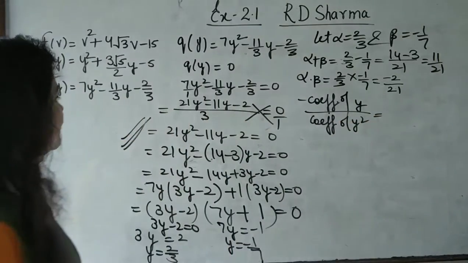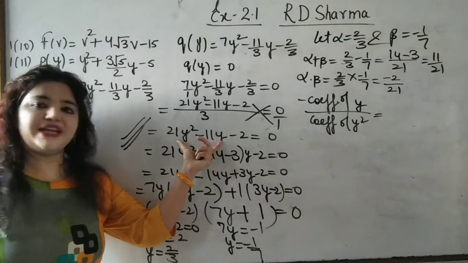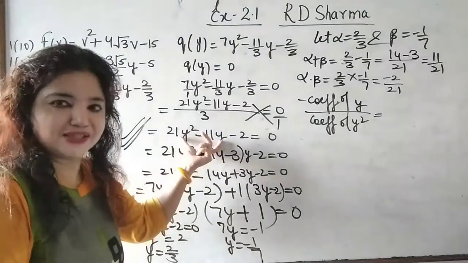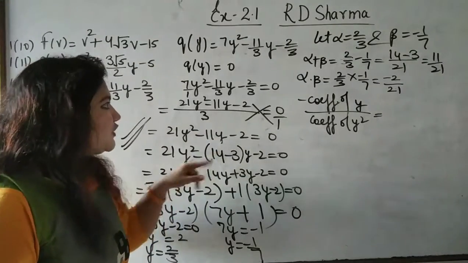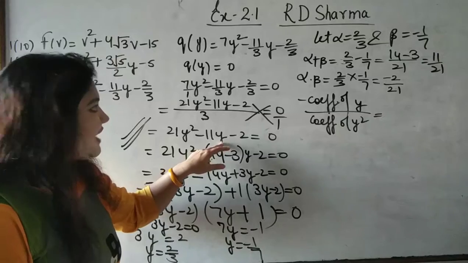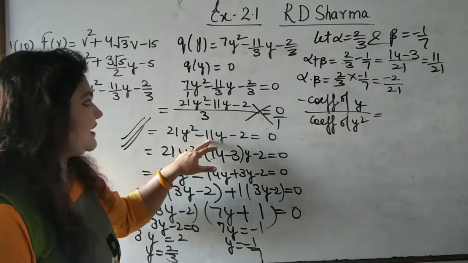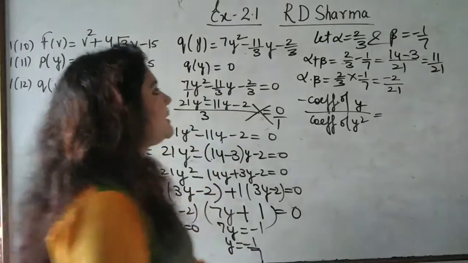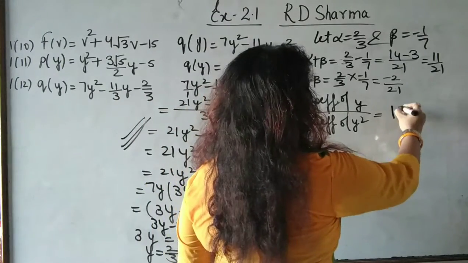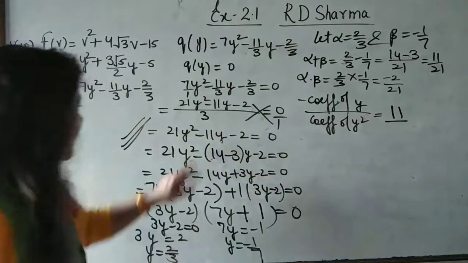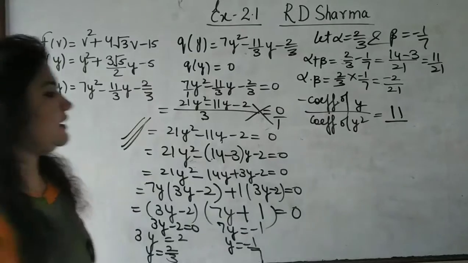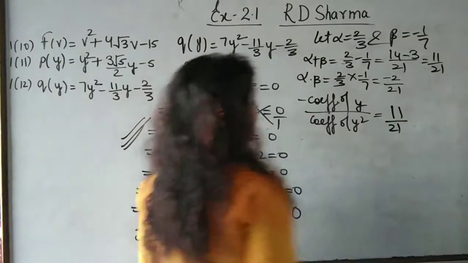So what is the coefficient of y? This is our main polynomial, in simplest form. The coefficient of y is minus 11 and we already have a minus, so minus minus plus. Coefficient of y square is 21. So 11 by 21.